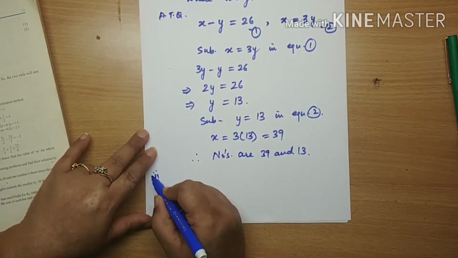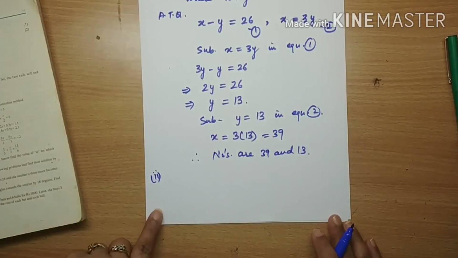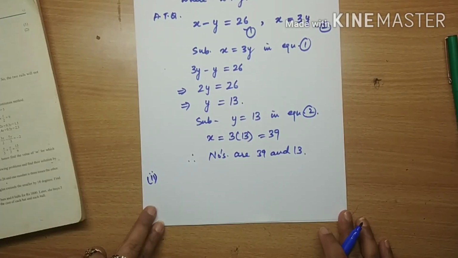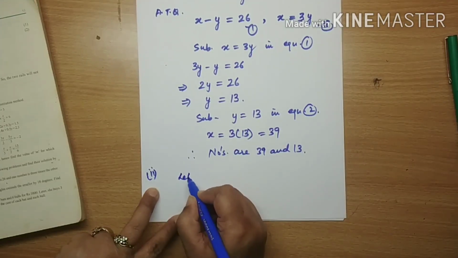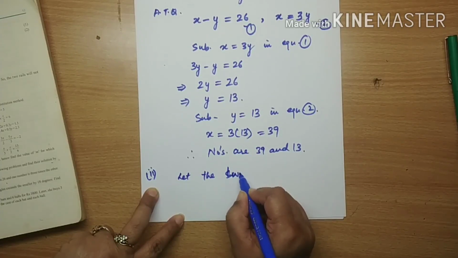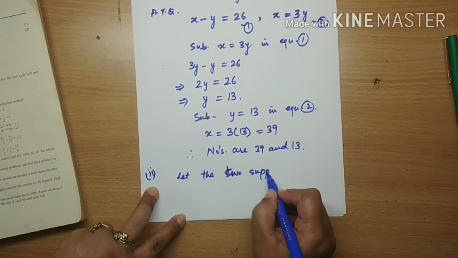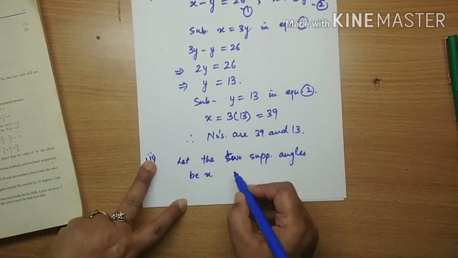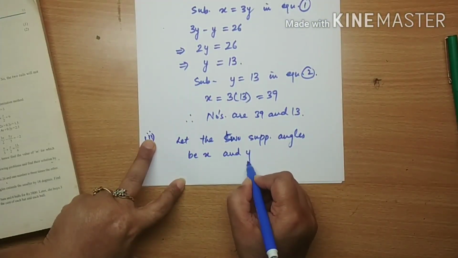Next, second part. Now he says, the larger of two supplementary angles exceeds the smaller by 18. Again, let the two supplementary angles be x and y.